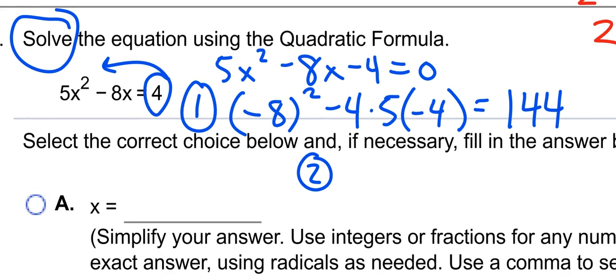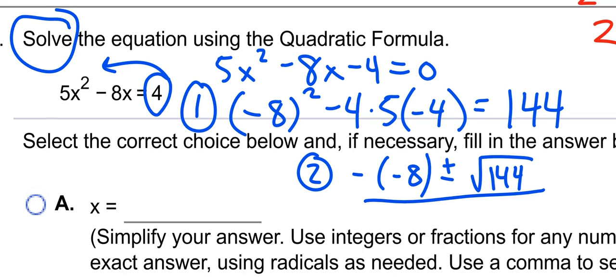Well, the square root of 144, what is that? That's 12. Okay, so that makes my life a little easier. And on the bottom, 2 times 5, is it always going to be what?